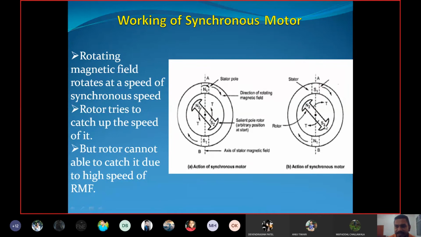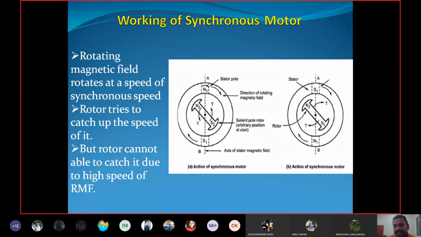Likewise here, this is the south pole of the rotor and this is the north pole of the stator. These are also opposite polarity poles, so a force of attraction is also produced between these two. So in the upper and lower, the force of attraction is produced.